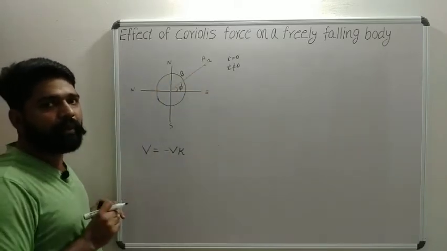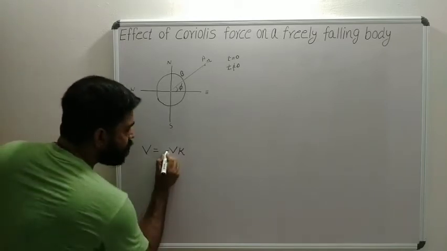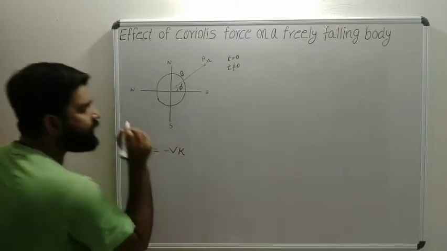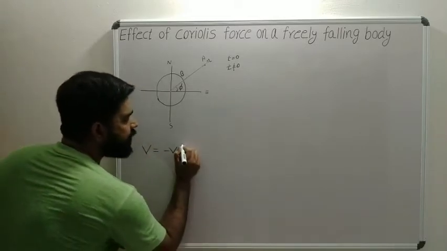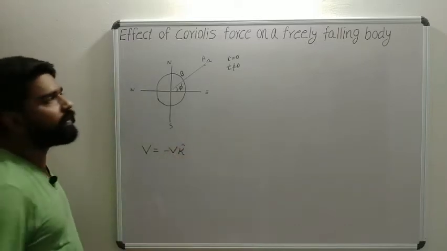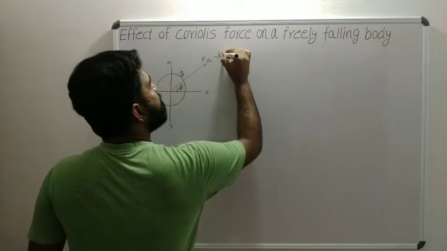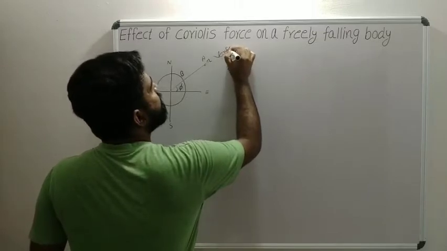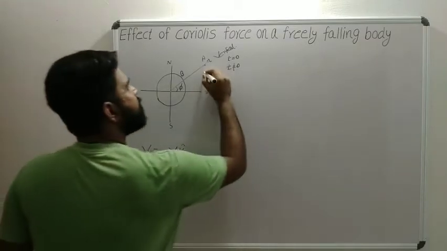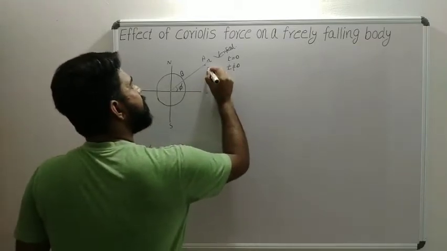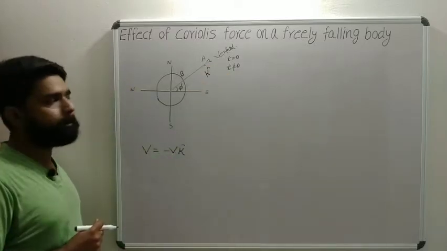So we can represent the velocity by using a minus sign, and here k is the unit vector. This is the vertical direction, and k is the unit vector.